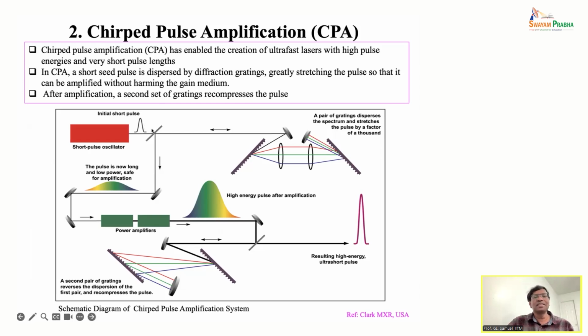Then this pulse is taken and the time is stretched. The pulse is stretched, and that is the reason I said that it is an optoelectronic mechanism. But you can imagine, if you have a pulse like this, you stretch it along the timeline. So now we have a long but low power pulse.